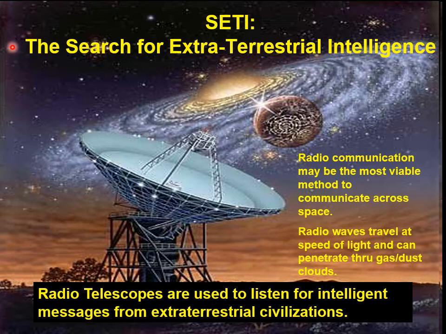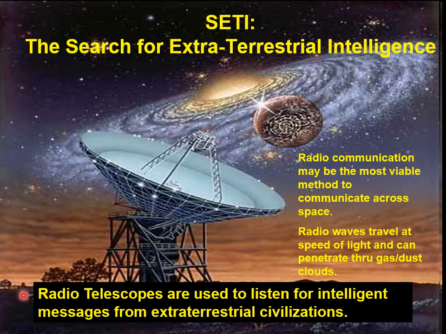So how can we find or prove that there's life somewhere else in the galaxy? We can't send space probes to other planets, unfortunately. They're just too far away, and it would take tens of thousands of years for our space probes to even reach one of these planets. So instead, there are some other methods, and one of them is called SETI, which stands for the Search for Extraterrestrial Intelligence.